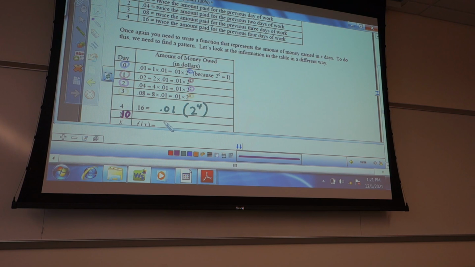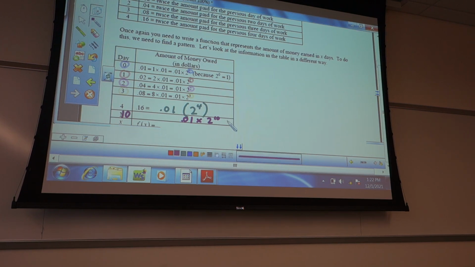Deja, what should be my formula? 1 cent is equal to 1 cent times 2 to the 10th power. Okay, yep, read it all the way out. 1 cent times 2 to the 10th power. You have it like that? Great. Does that seem all right with folks? So then what about x? What would it be for x after x days?